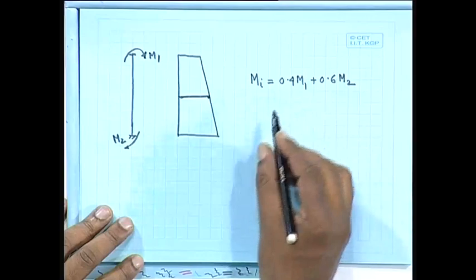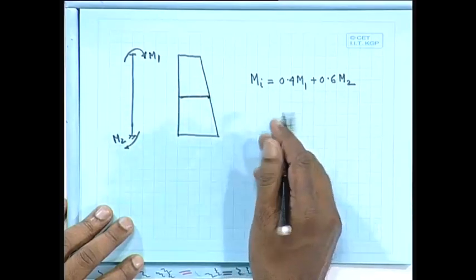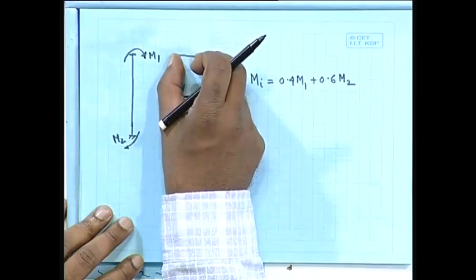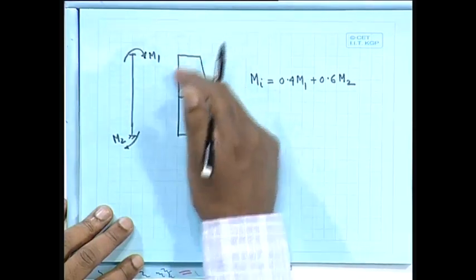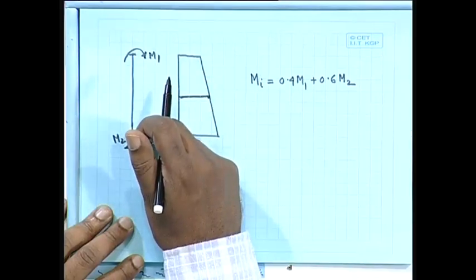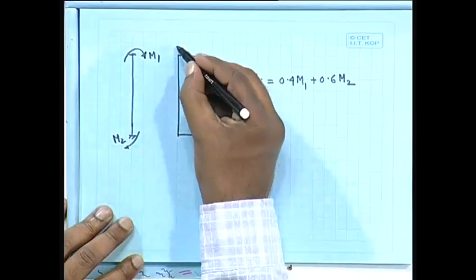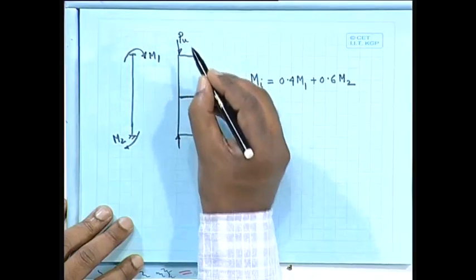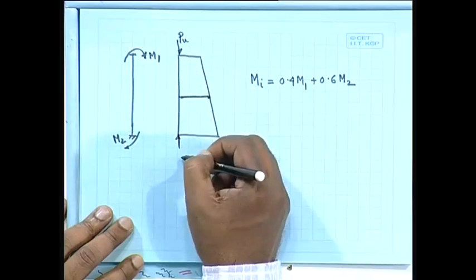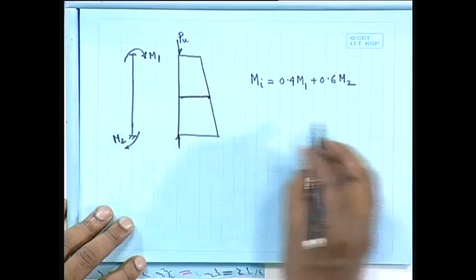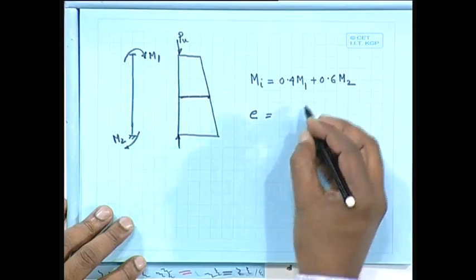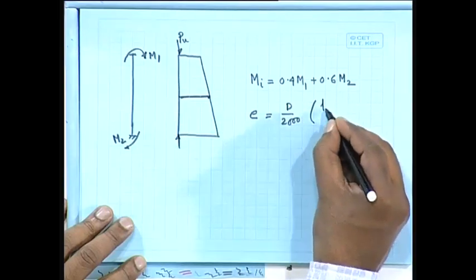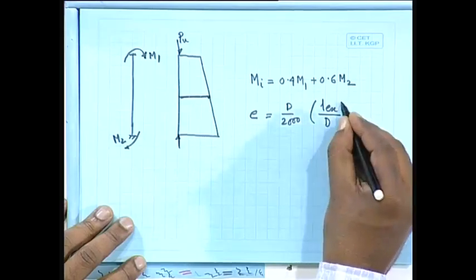After getting this, in addition to that we shall get the additional moment. This one you are getting from your analysis, and now if it is a long column or slender column, you will get the additional moment, whatever that Pu is acting here. From that Pu you will find out the eccentricity, which will be equal to d by 2000 times Lex by d whole square, or Le by d.